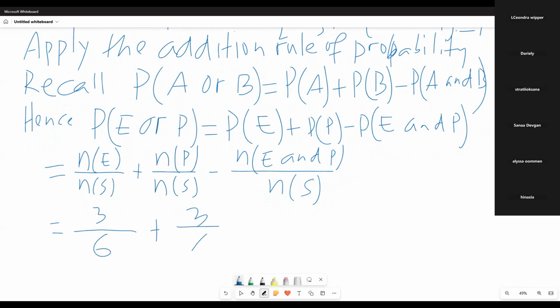That's 3 over 6. And then n of E and P will be 1. That's 1 over 6.